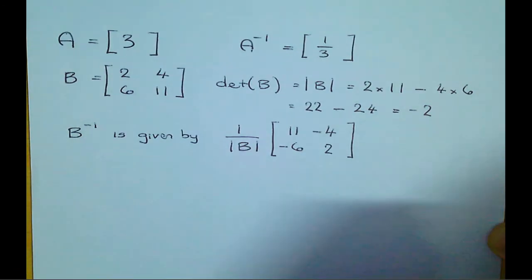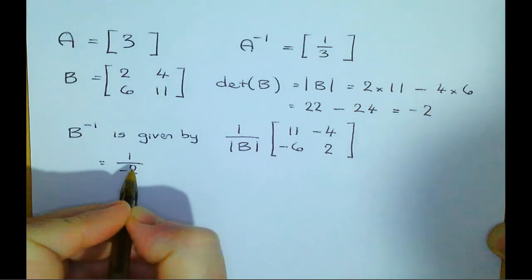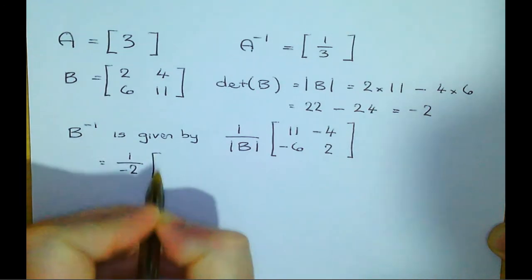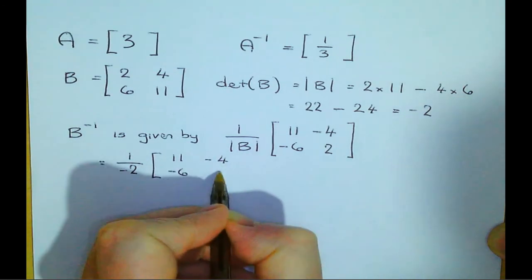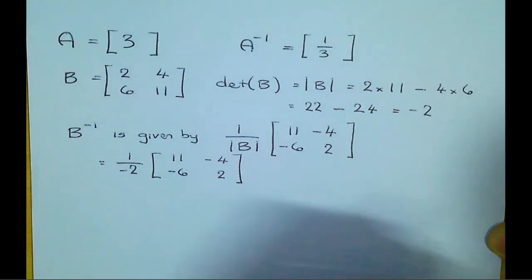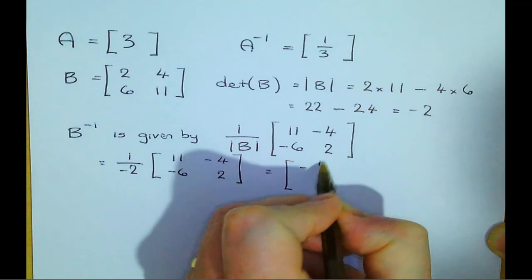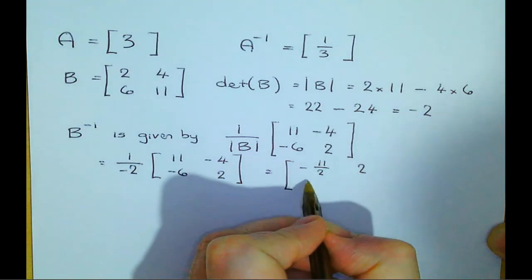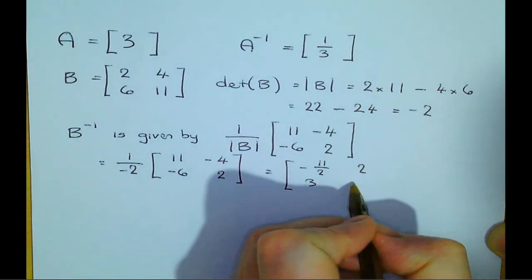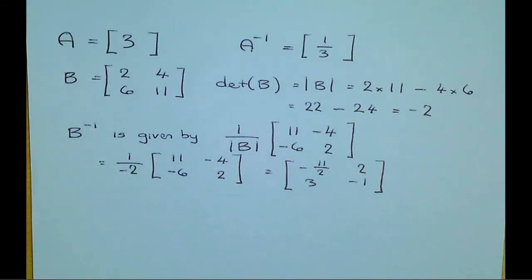We can write it as 1 over -2, times 11, -4, -6, 2, or indeed we can write it as -11 over 2, 2, 3, -1. This is our inverse matrix, B inverse.